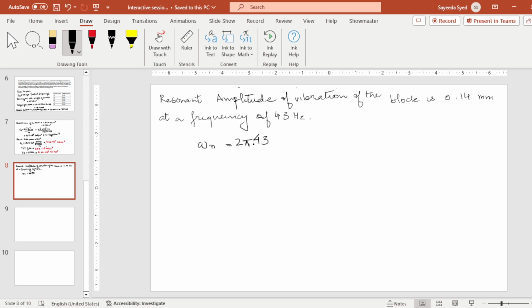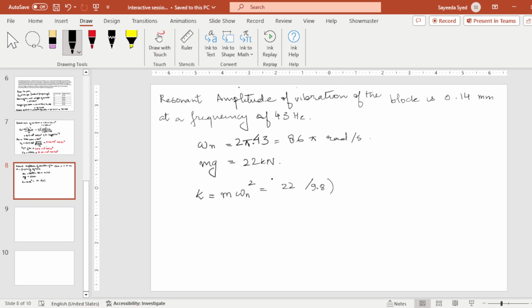For the soil stiffness, we can calculate the spring constant as m omega n square. This will be 22 over 9.8 into 86 pi square multiplied by 10 to the power minus 3 for our system of units.